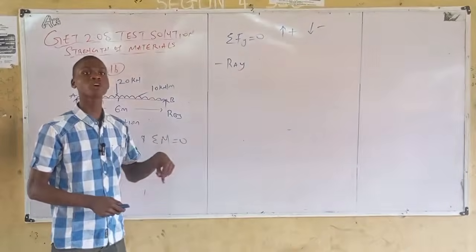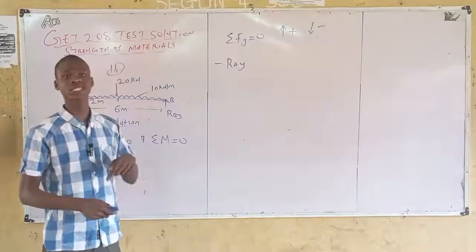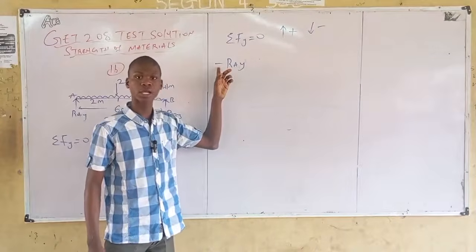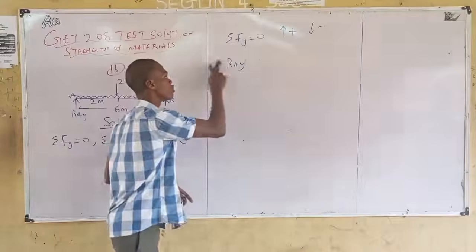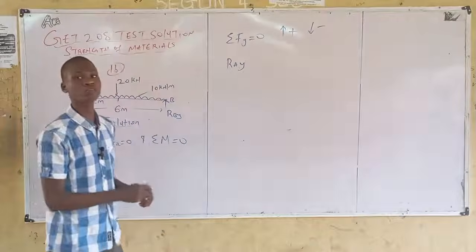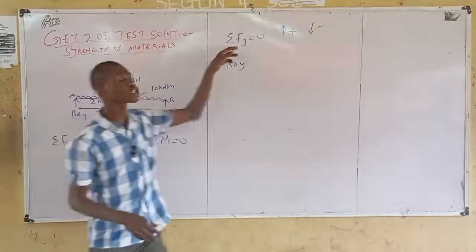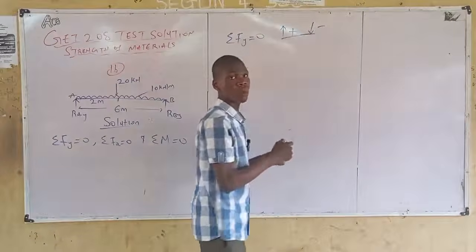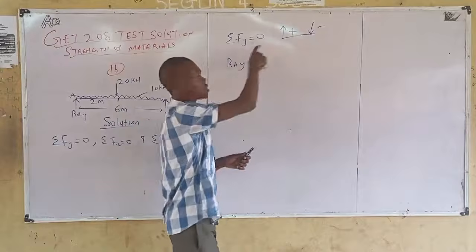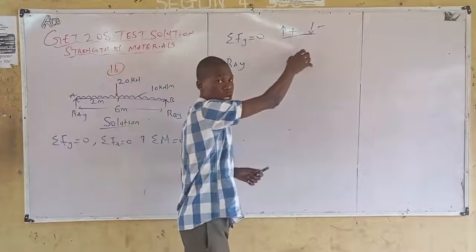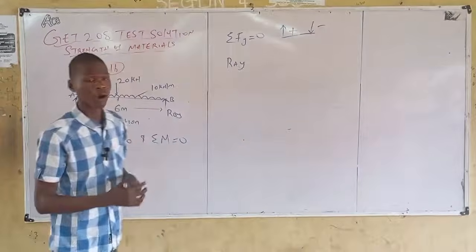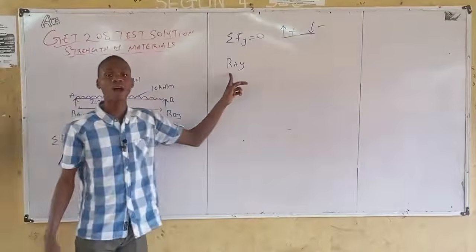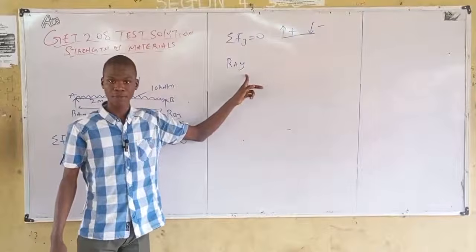An upward force must be positive and not negative. So if I put negative here, I'm wrong. Do you understand? Yes. So that's it. The next one will be what? When you are doing summation of vertical forces, these are the two things you should consider. Now, for RAY, you are saying that RAY is going upward. That's why you have positive RAY, right?